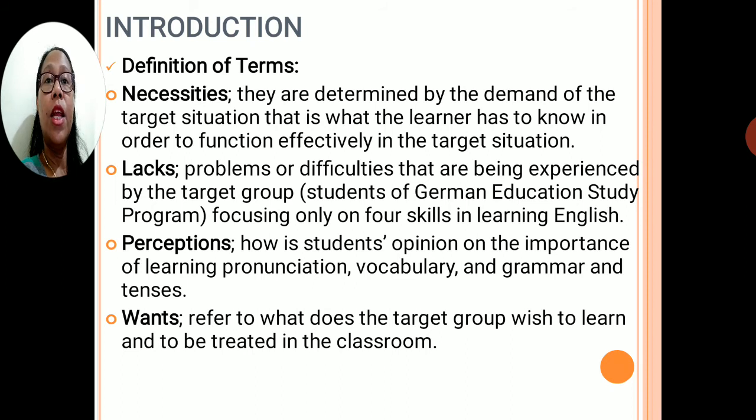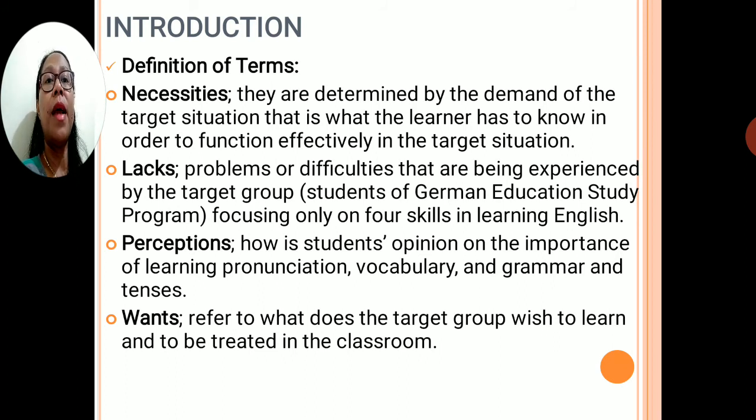And here are some definitions of terms that I must explain a little bit in conducting my study. The first one is necessities, the second is lacks, the third is perceptions, and the fourth is wants.